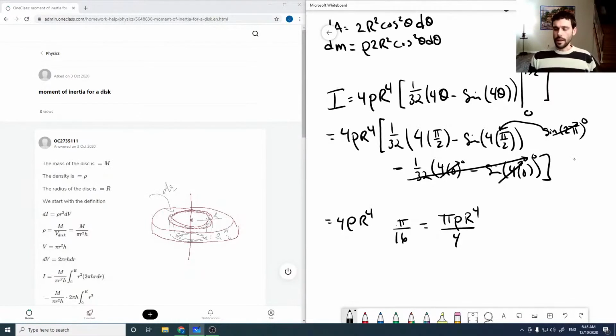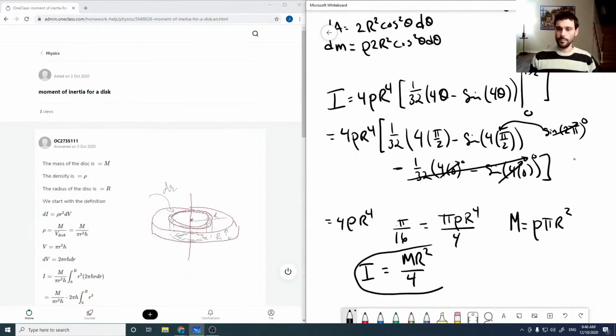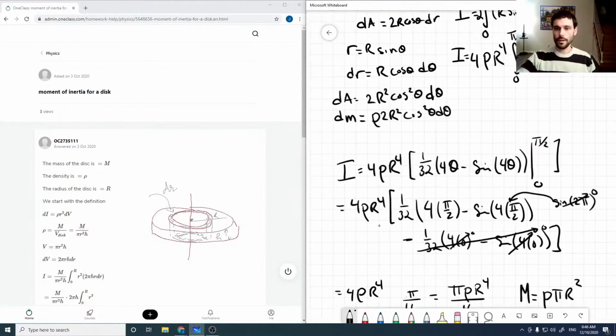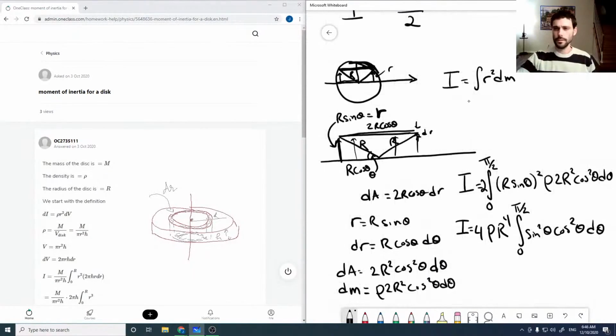Okay, there. And then our full mass is defined as rho pi r squared. So then our moment of inertia is mr squared over 4. Alright. So that's for an axis which passes through the center of the disk and is in the plane of the disk.